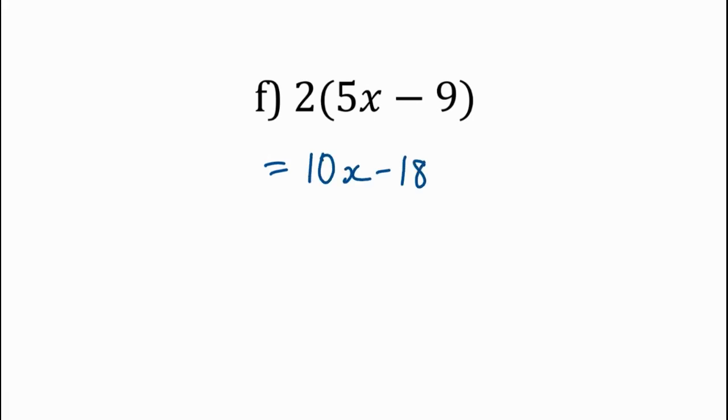What's different about this one from all the other ones? Yeah, 1 doesn't have a variable. That's okay. You just multiply 2 times -9, -18 to get your answer. That's all. So you could still think of it as a thing, bananas or whatever you want. That's up to you. But that's your constant. Remember we talked about that before. And you're still just multiplying. 2 5x's and 2 -9's.